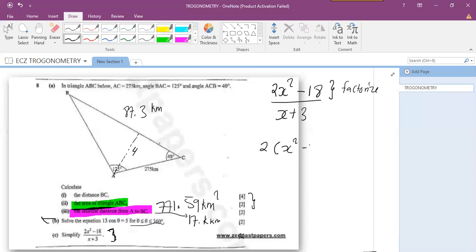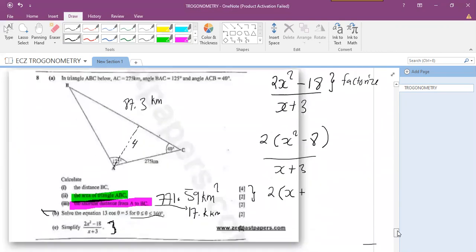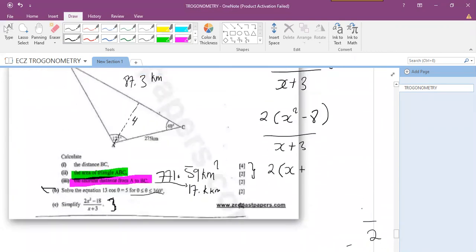That would be 8. Right? Yes. Over x plus 3. We do not want this square, so we're going to use the difference of 2 squares. We open brackets like so. And we say there will be an x there plus the square root of 18.